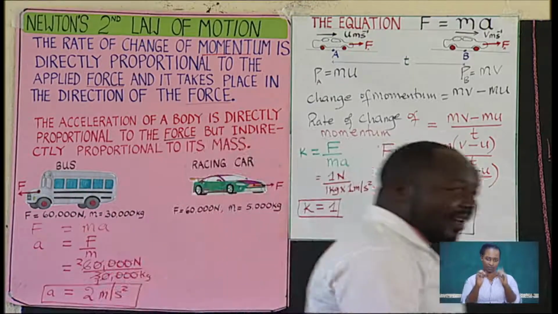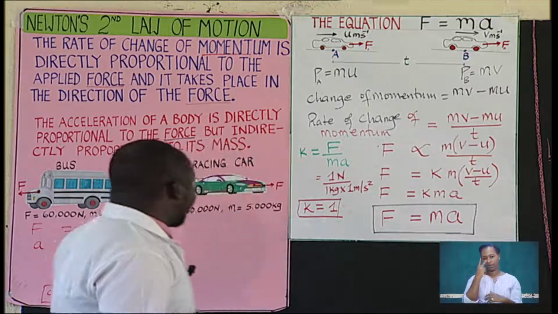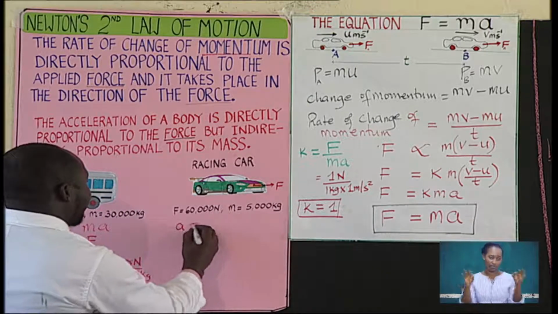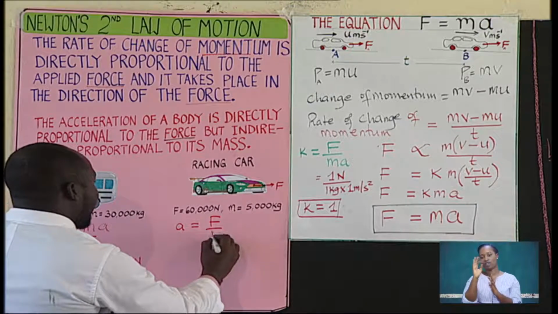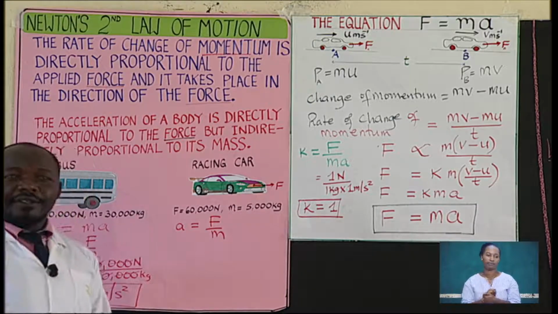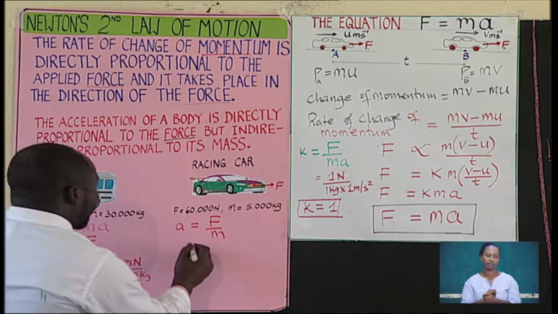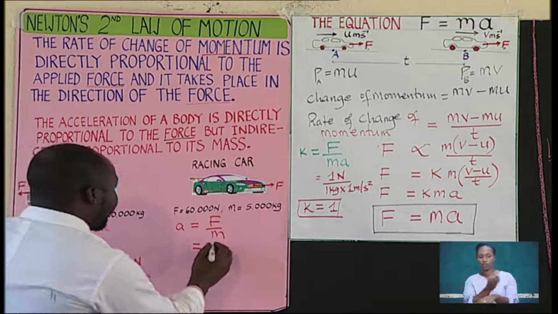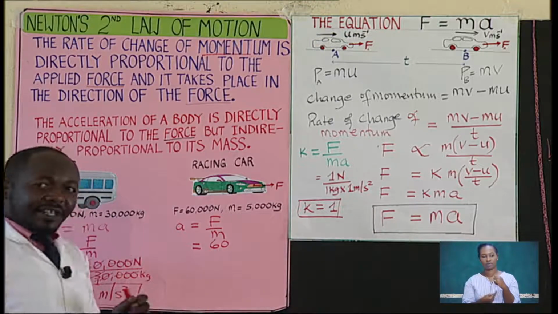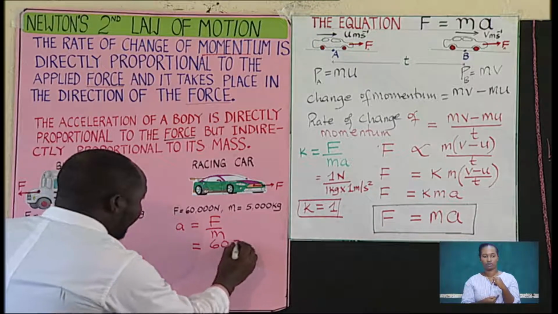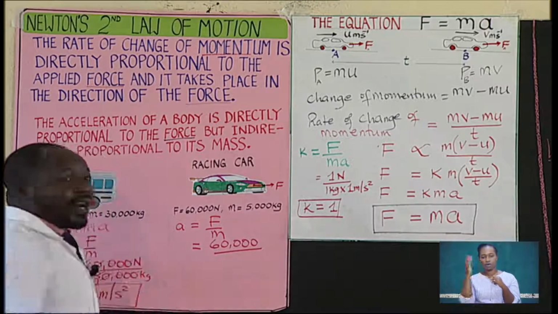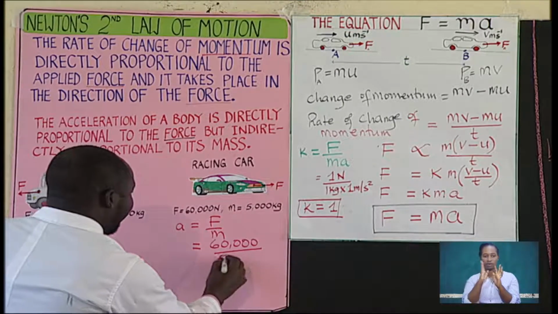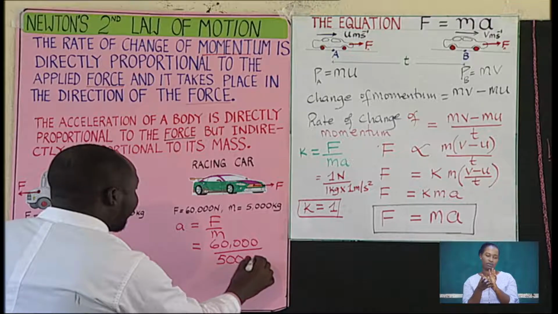Okay? Let us also find the acceleration of the car. So using the same formula, acceleration is going to be F over m. Okay? And so this is going to be the force, which is 60,000 divided by mass. And what is the mass? The mass is 5,000 kilograms.